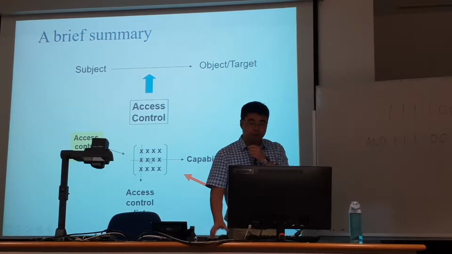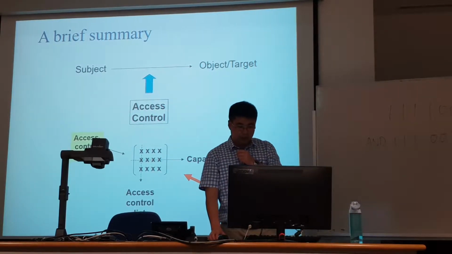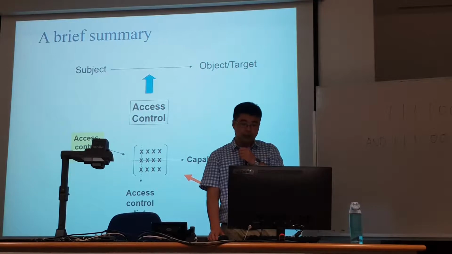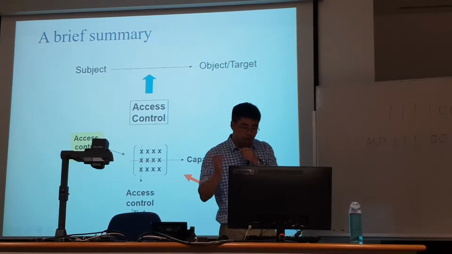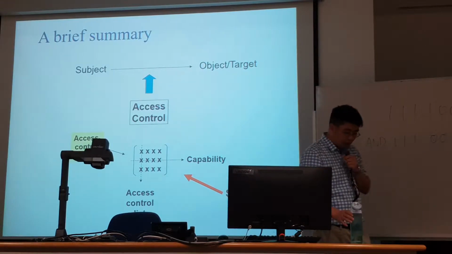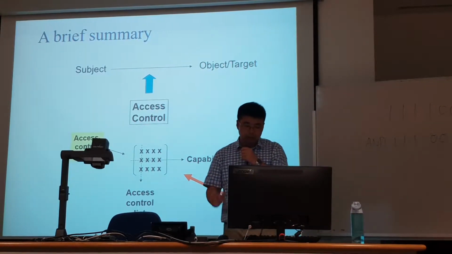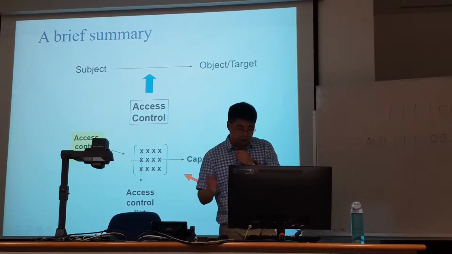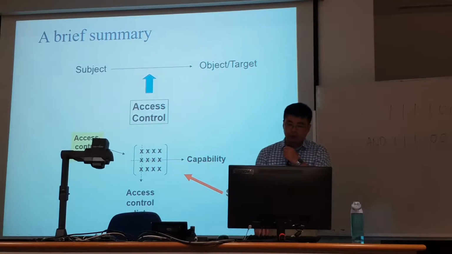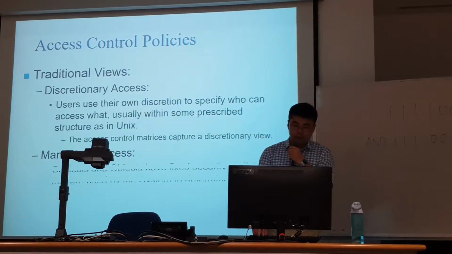Then we can have two different views of the ACM. One is the access control list, which is the perspective of the ACM from the object, and then we also have the capability, which is the view of the ACM based on the subjects. So this is just a brief summary.